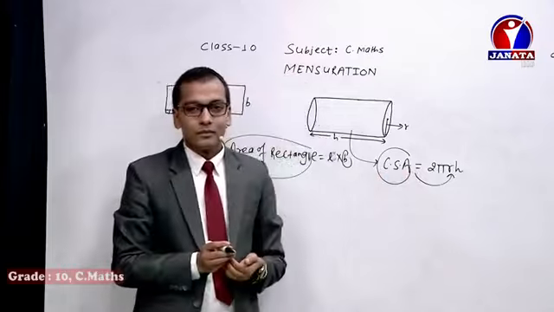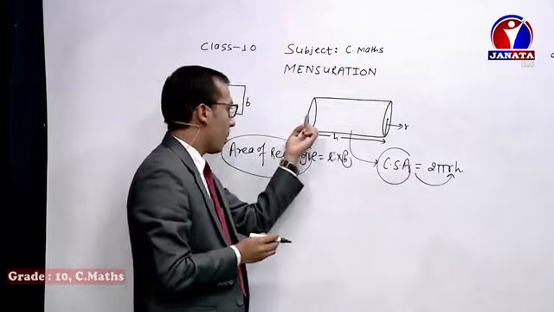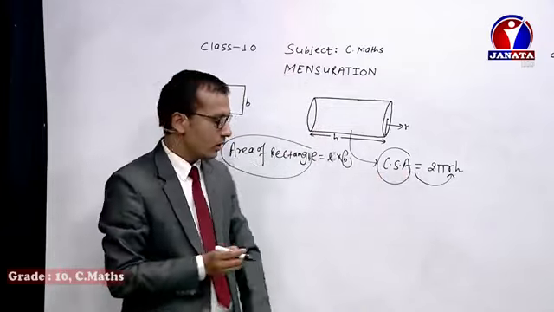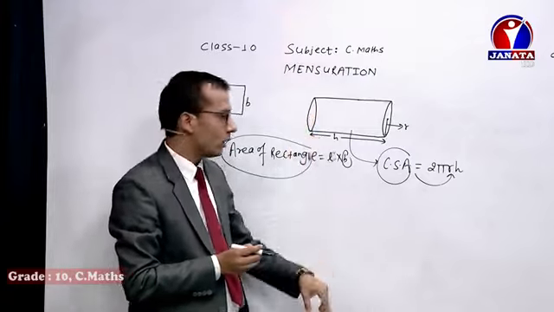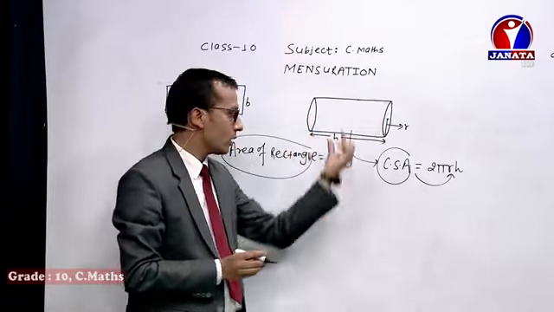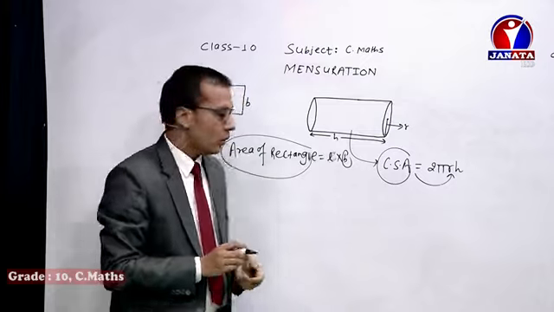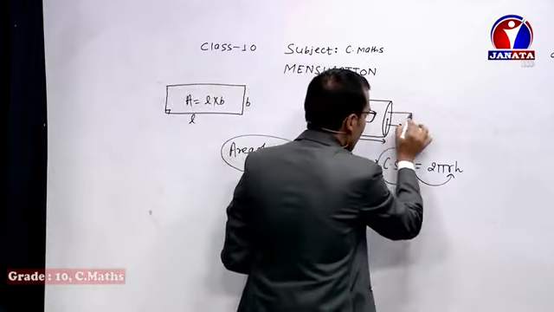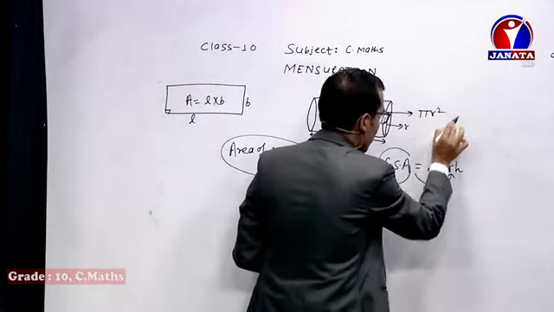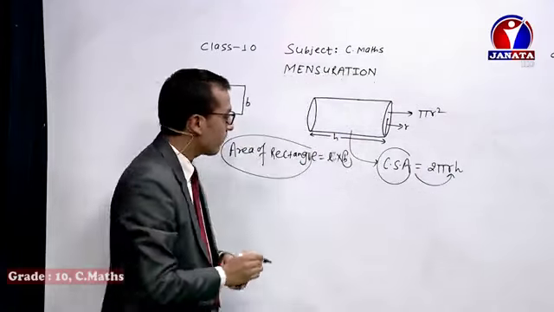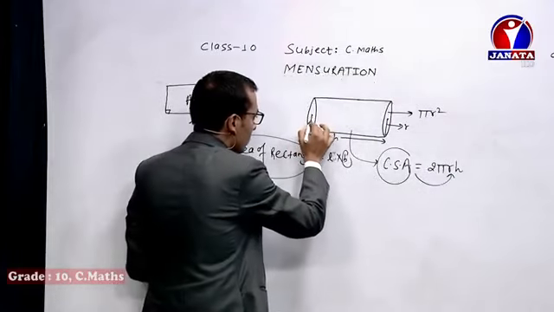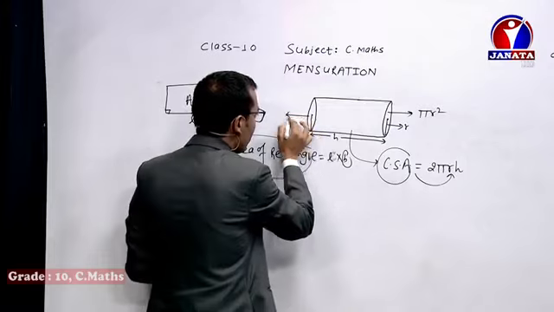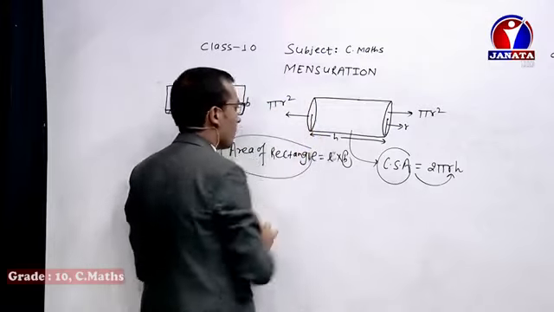After this, let's write what the plane surfaces are here. This is base, or this one is base. This is curved surface. What is the area of the circular base? We know the area of a circle is pi r square. The area of this end is also the same, pi r square.